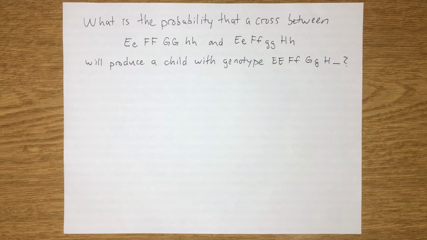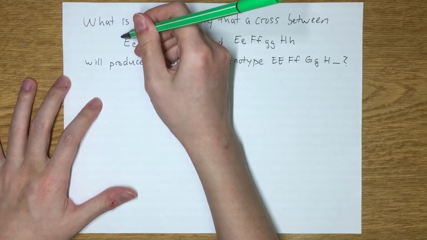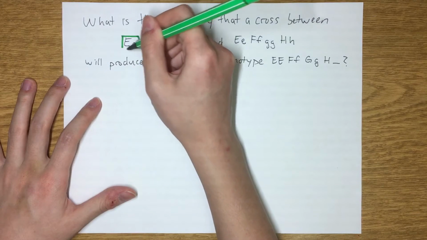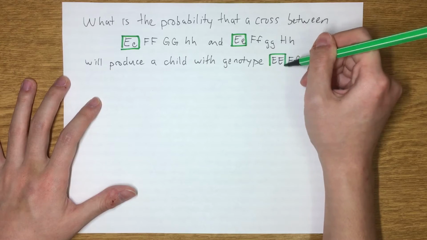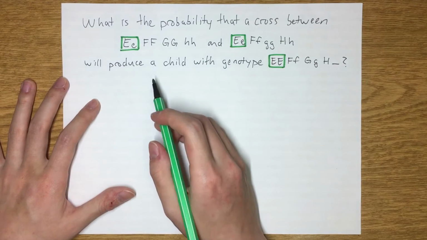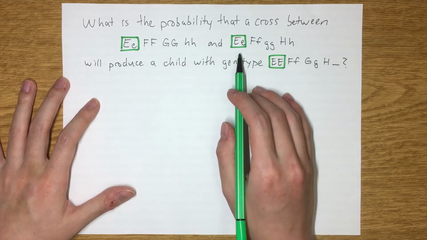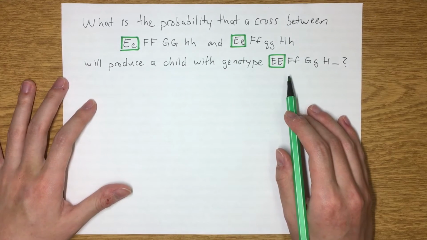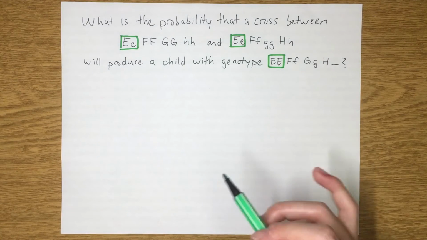So the approach here is to just look at, say, the first locus. So let's just look at E. We can see at this locus, at this gene, we have one heterozygous parent and another heterozygous parent crossing to create a homozygous dominant child.